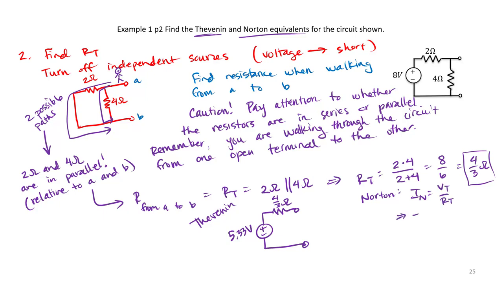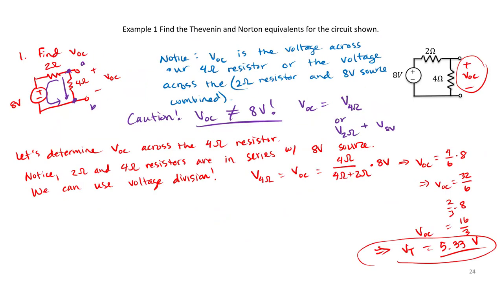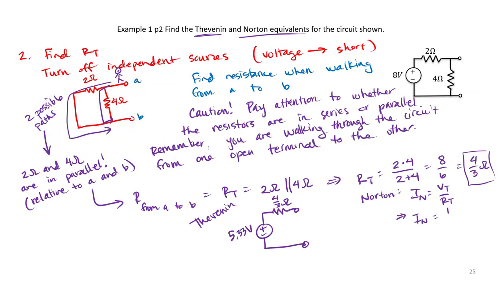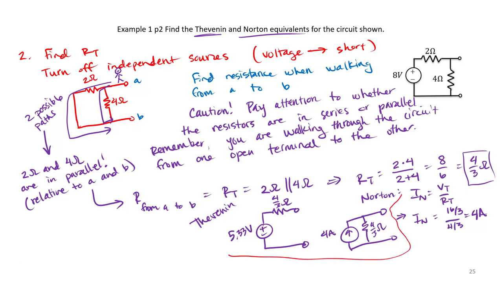So our Norton current is basically 16/3 divided by 4/3, equal to 4 amps. So our Norton equivalent will be a 4 amp current source with a 4/3 ohm resistor in parallel. So there you have it. We have successfully determined our Thevenin and Norton equivalents for this circuit.